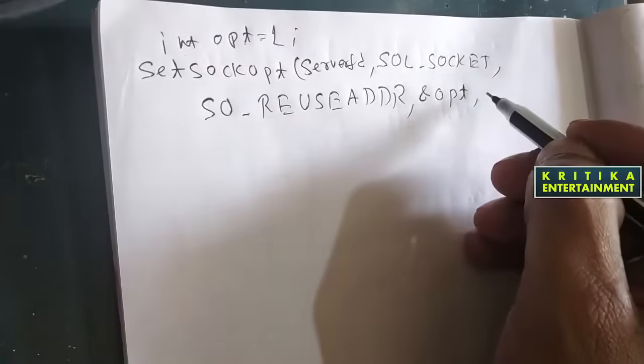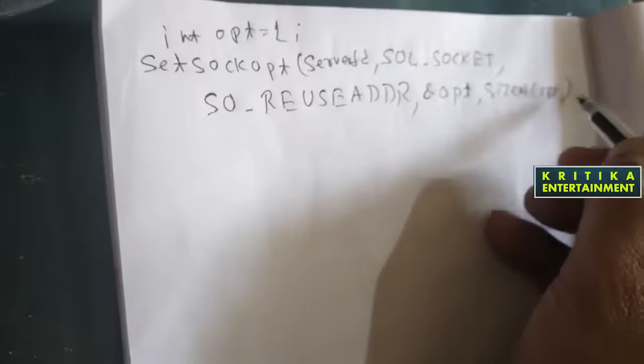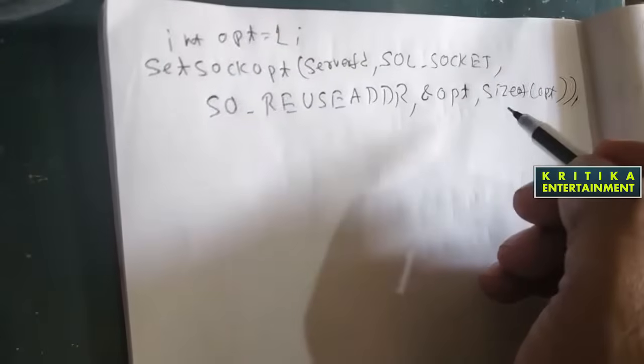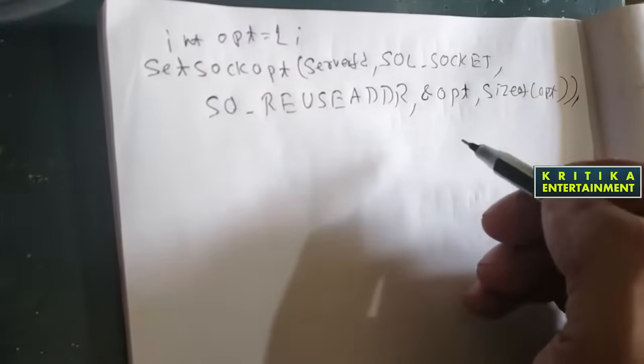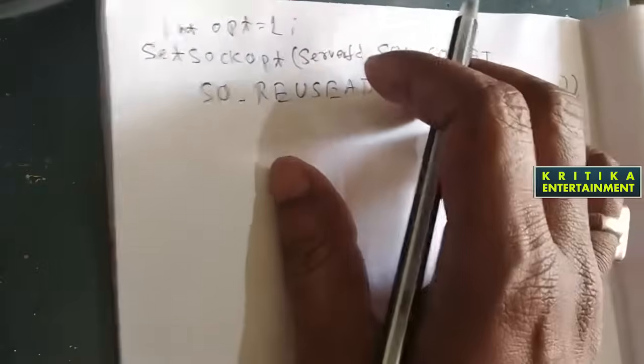I will show you in the practical. Then sizeof opt. Write this line and you will never get the repeated bind error. Then next I will come to the logic. What will we do here?